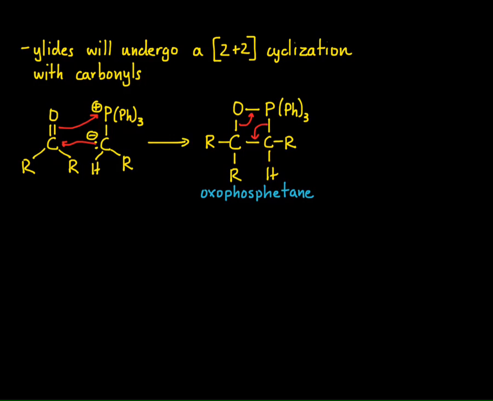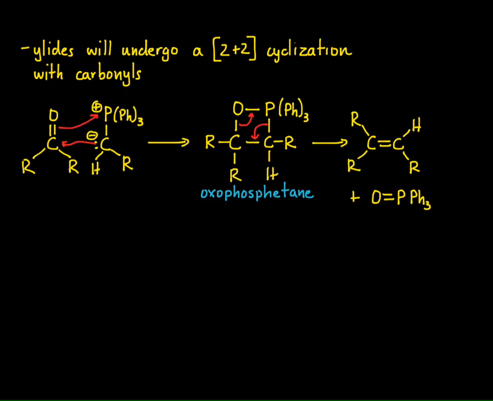And so what happens is the bond between phosphorus and carbon collapses, and the electrons go in between that carbon-carbon bond. And at the same time, the carbon-oxygen bond breaks, and those electrons go to form an oxygen-phosphorus bond. The result is now I've generated a new carbon-carbon double bond, a pi bond, and I've also generated an oxygen-phosphorus pi bond.